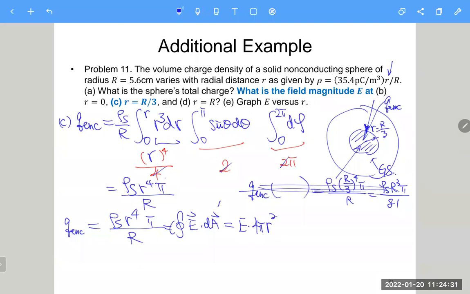I forgot this epsilon naught here, so I still have epsilon naught here. So this is the Gauss law, and this is the Q enclosed when the radius of the Gaussian surface is small r.